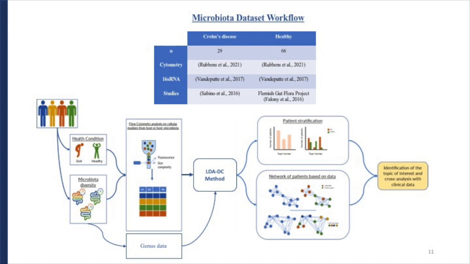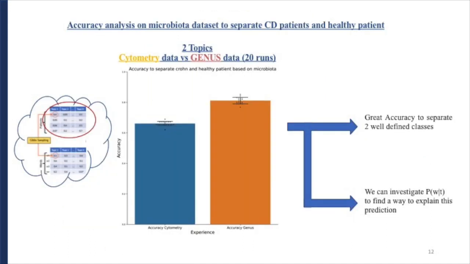And so we can stratify the patients based on their cytometry data or on their genus data. Here we investigated the probability of a patient to be inside the topic, and we found a very high accuracy to separate the patients using cytometry data or genus data.